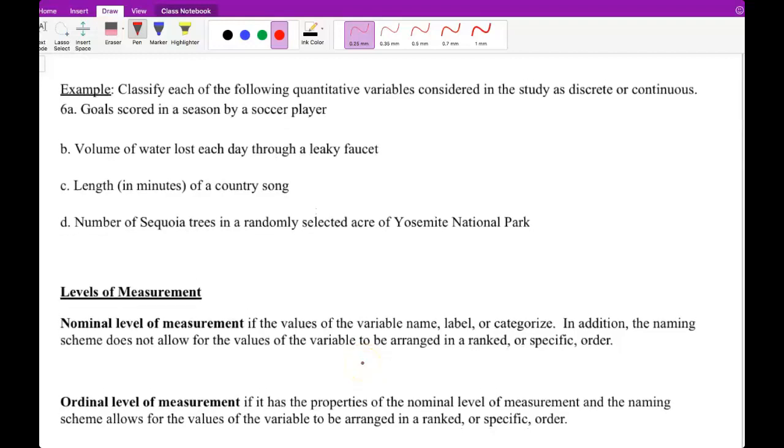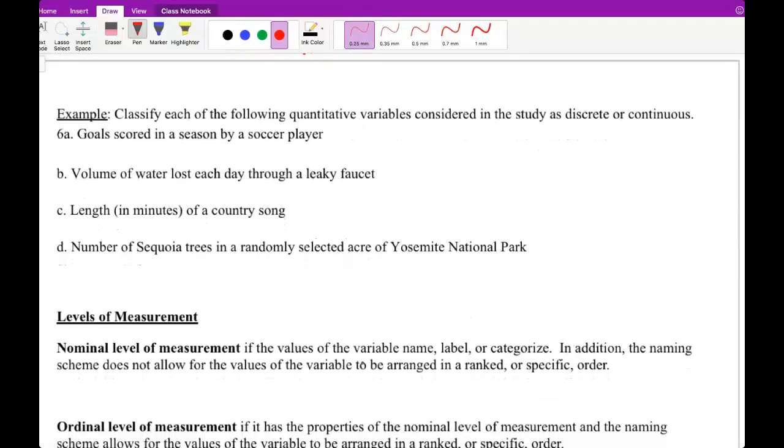Okay, next page. Another example: classify each of the following quantitative variables considered in a study as discrete or continuous. We want to see if these are finite or infinite. So this is finite, and this one infinite.